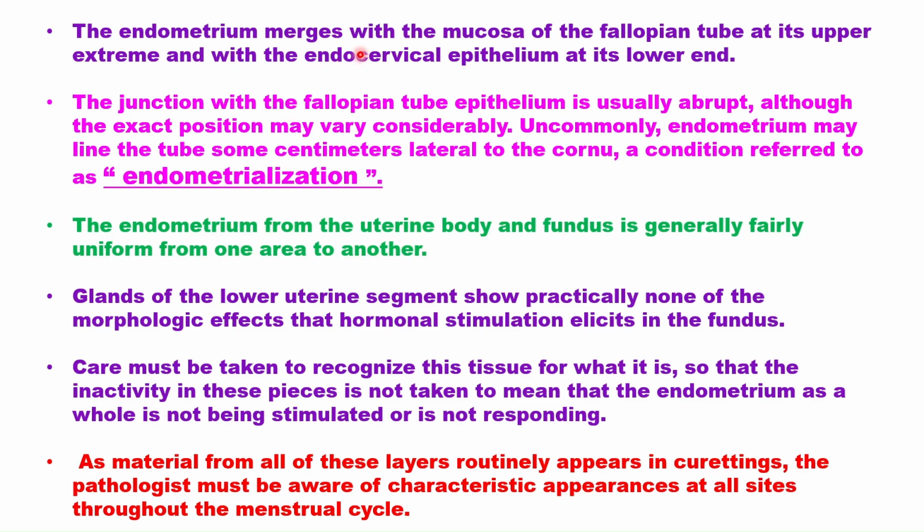Now the endometrium merges with the mucosa of the fallopian tube at its upper extreme and with the endocervical epithelium at its lower end. The junction with the fallopian tube epithelium is usually abrupt, although the exact position may vary, and uncommonly the lining of endometrium goes some centimeters lateral to the cornu, which is referred to as endometrialization.